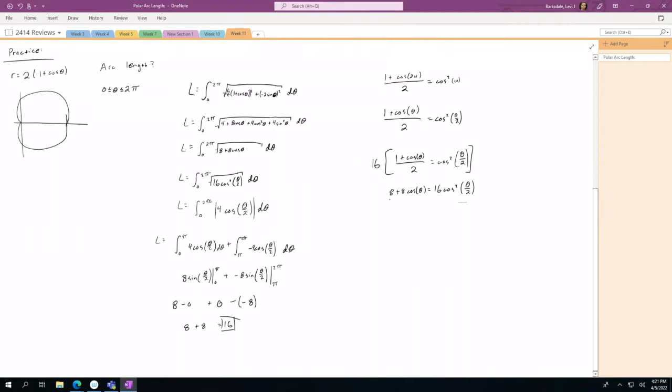And we multiplied both sides by 16 to get that 8 plus 8 cosine theta was 16 cosine squared theta over 2. We substituted that out. Importantly, when we canceled our square root, we needed to make sure we accounted for the absolute value. Otherwise, if we solve that without accounting for the absolute value, we get that our arc length is 0, which is obviously wrong. Once we do that, though, we can see that our arc length is 16 when we finish solving.